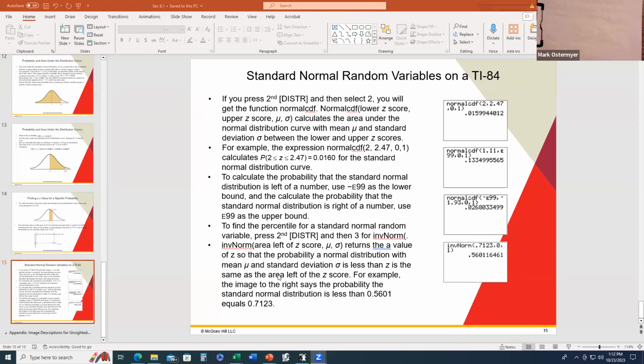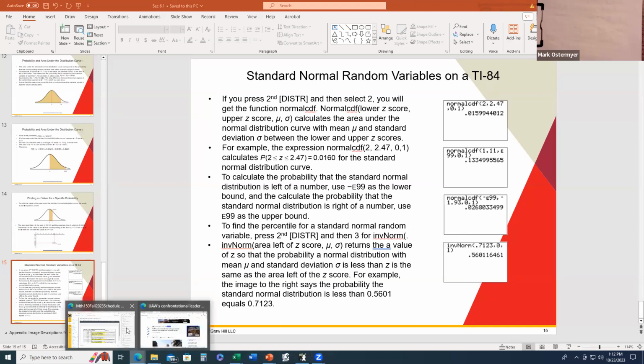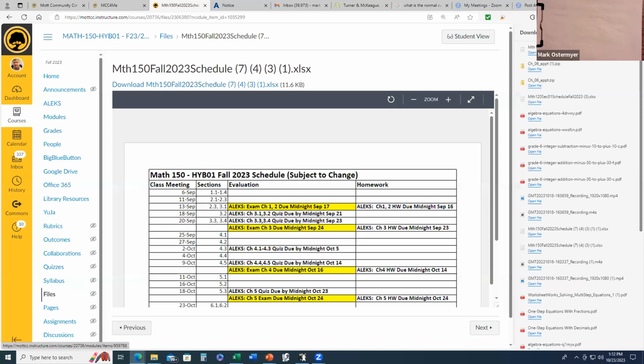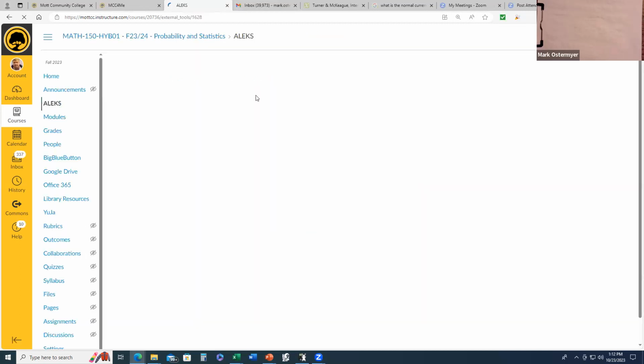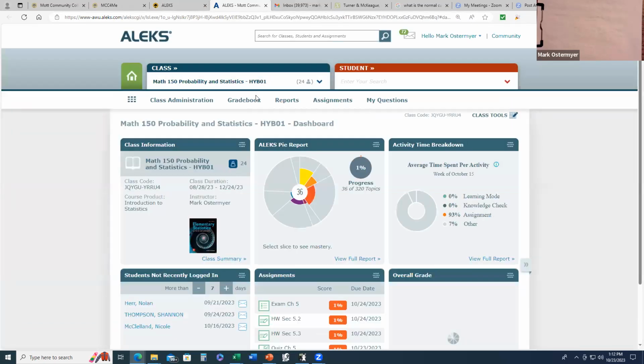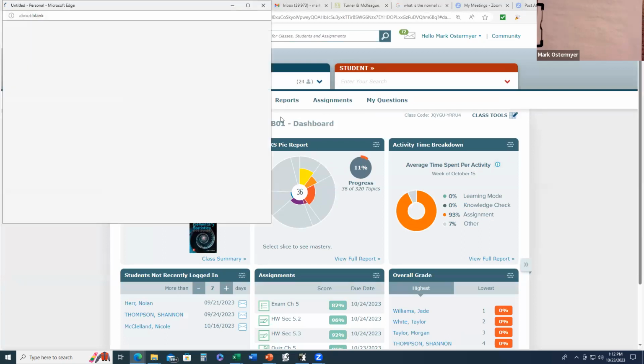All right. Okay, let's see if we can go to our textbook and have a little bit of fun in section 6.1. I'm going to go into section 6.1. We're going to do a couple problems here.